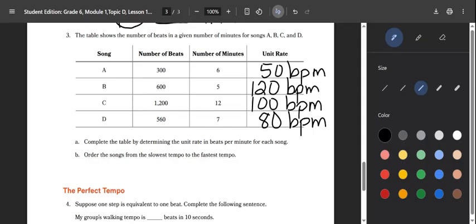So if we're going from slowest to fastest, the one with least beats per minute is song A. And then next would be song D. And then next would be song C. And then the one with the fastest beats per minute is going to be song B.